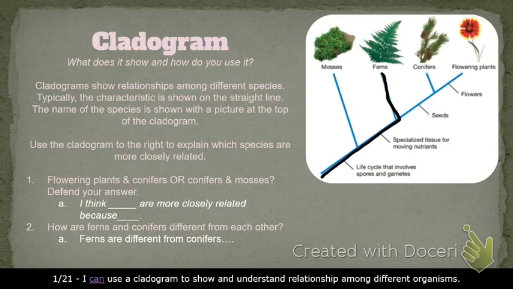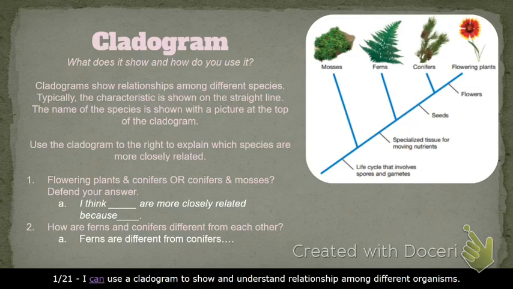If we look at flowering plants, their line is going to do this. Where those two lines meet, right here, evolutionary biologists believe there's an ancestor that they share. Ferns and flowering plants came from a similar organism. So that's where their relationship connects.